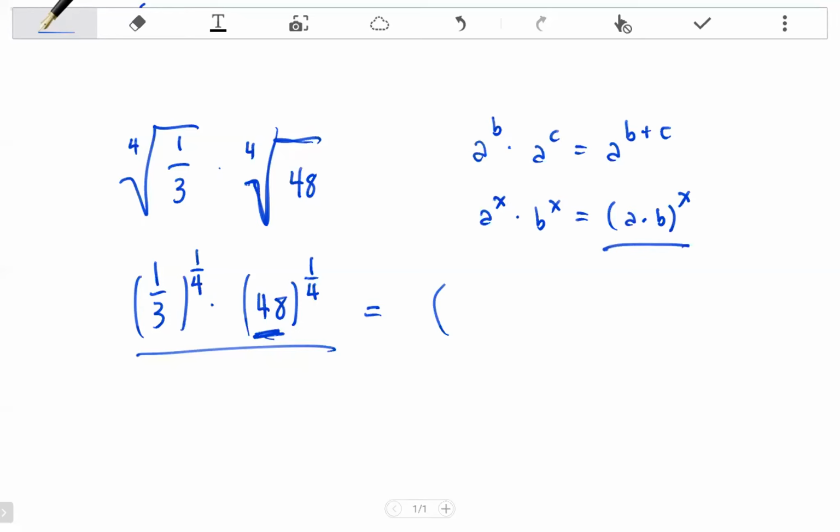So in this case, we can multiply 1/3 and 48, and put that all to the 1/4. 1/3 times 48 is going to be 16. 16 to the 1/4 is much easier to work with. We can rewrite this as the 4th root of 16, and this is just going to be 2.